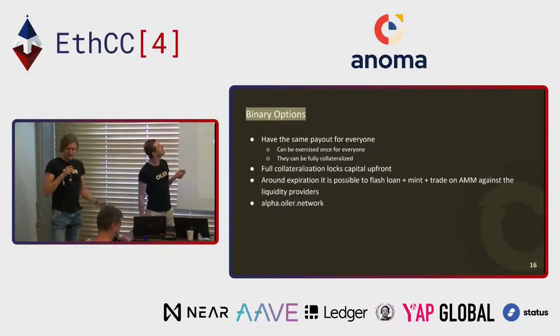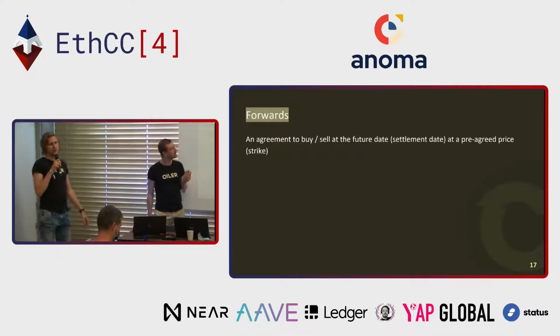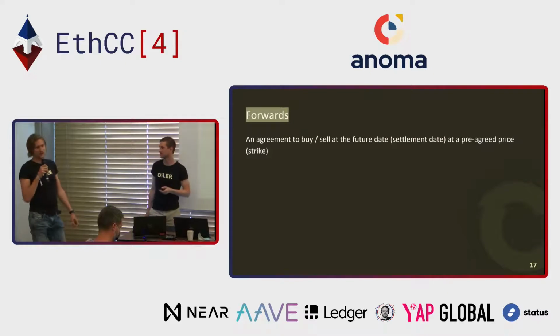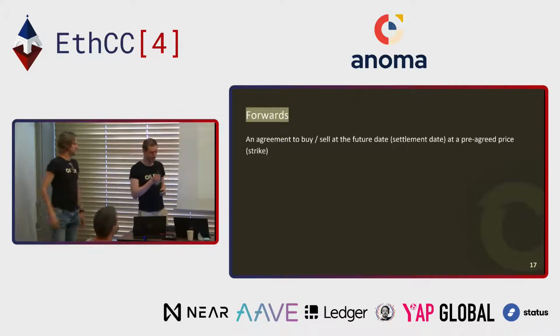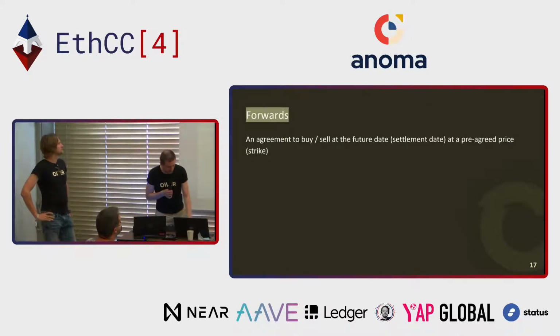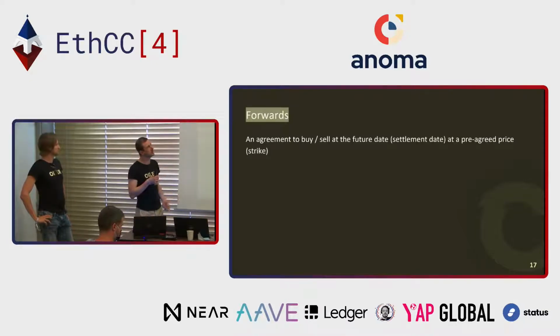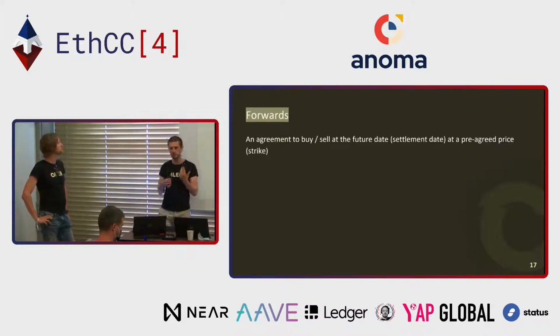Okay, and this is for binary options, and now we are working on another product which is more complicated, more interesting, and it's about forwards. All right, okay. So with the binary options, we kept talking to people who are doing market making, who are trading ideas of hash rates and gas prices, and what we kept hearing was we need to start with some more basic products, maybe futures and forwards, and keep building from there to the top.